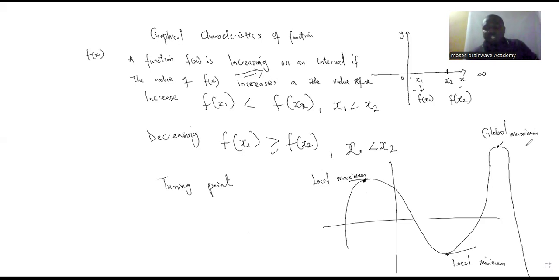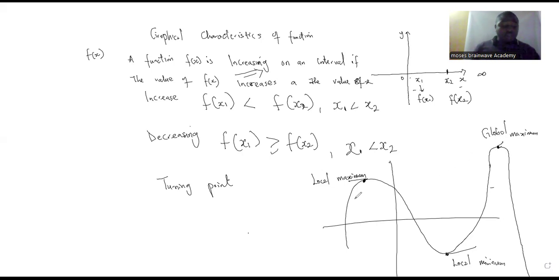It is global because, except there is another turning point somewhere which we don't know, considering this interval that we can see, this is the highest turning point. We have seen that this graph did not surpass this region, so we can consider it as a global maximum.